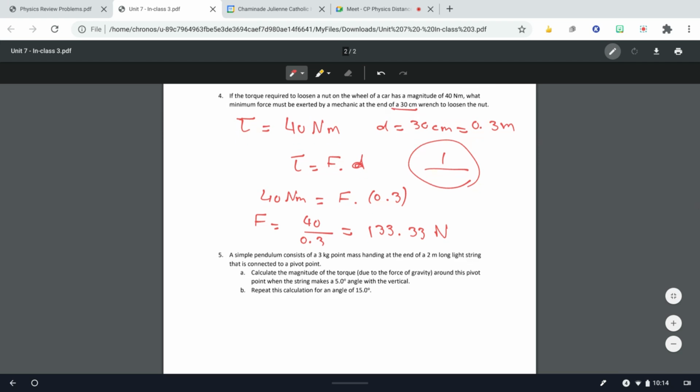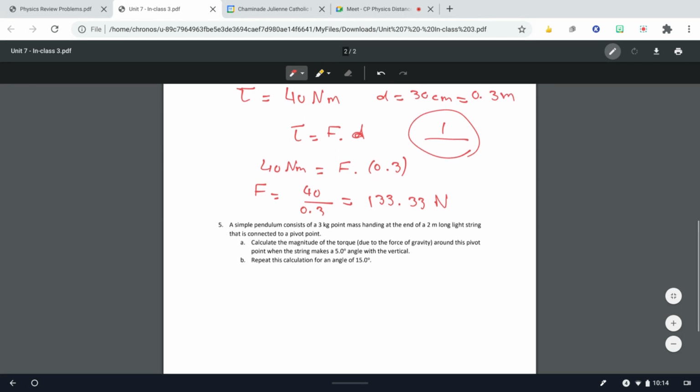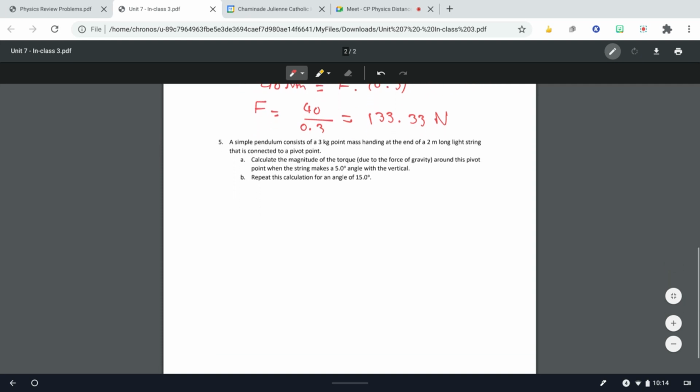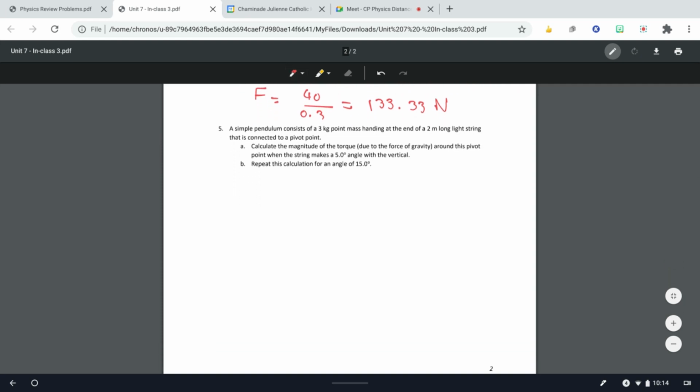Since there's no direction specified here, we're going to assume it was a counterclockwise rotation and take it as positive.